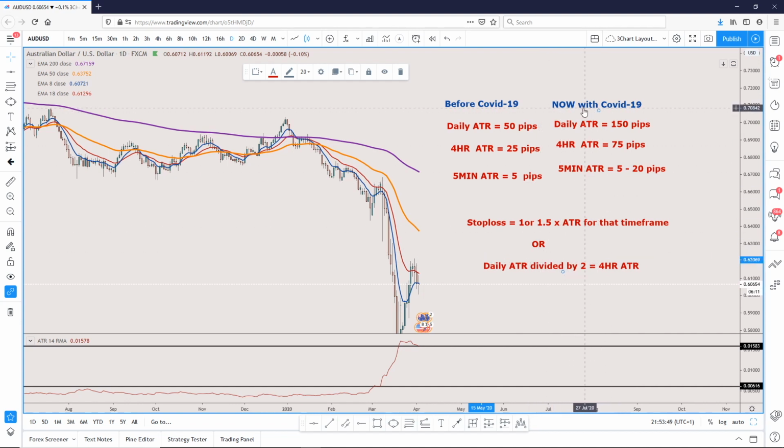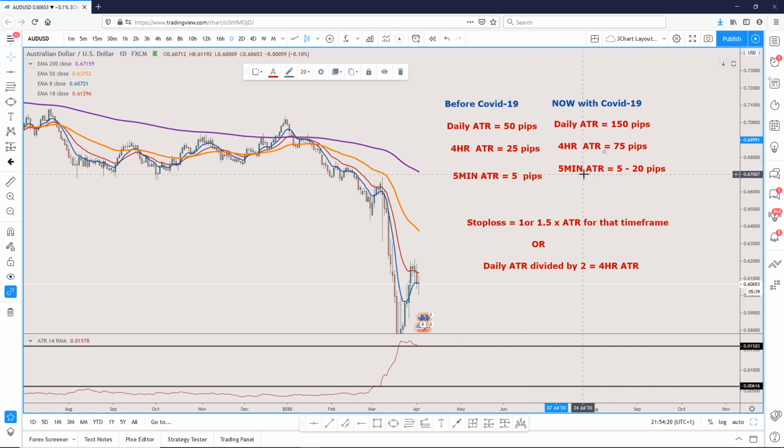But now that we're in COVID-19 world and the markets are more volatile, if you look at the ATR for the daily, now it's 150 pips compared to 50. So it's moving a lot more. On the 4-hour it's about half that, so 75, a big difference between 75 and 25.